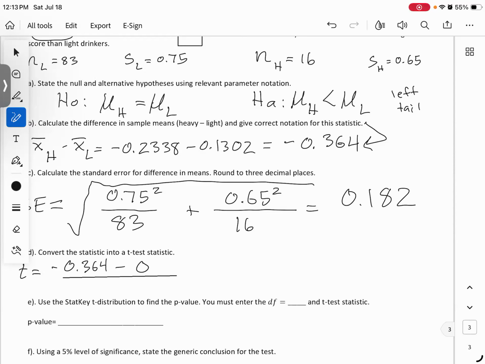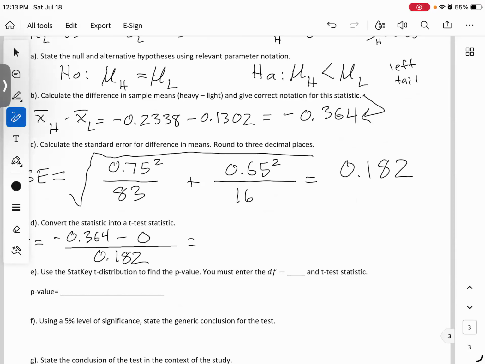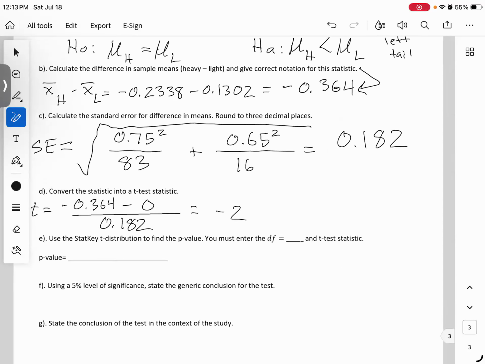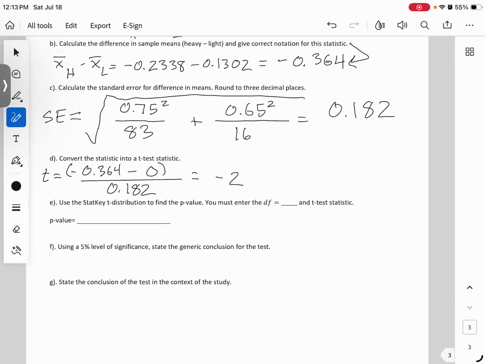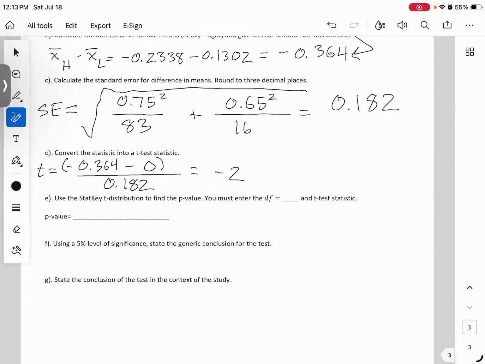And then our standard error is 0.182. Now, again, you should get -2 from this. And for some, it might be that your calculator needs parentheses around there, or it needs you to do the subtraction first. But -2 is what we should get for our t-test statistic.